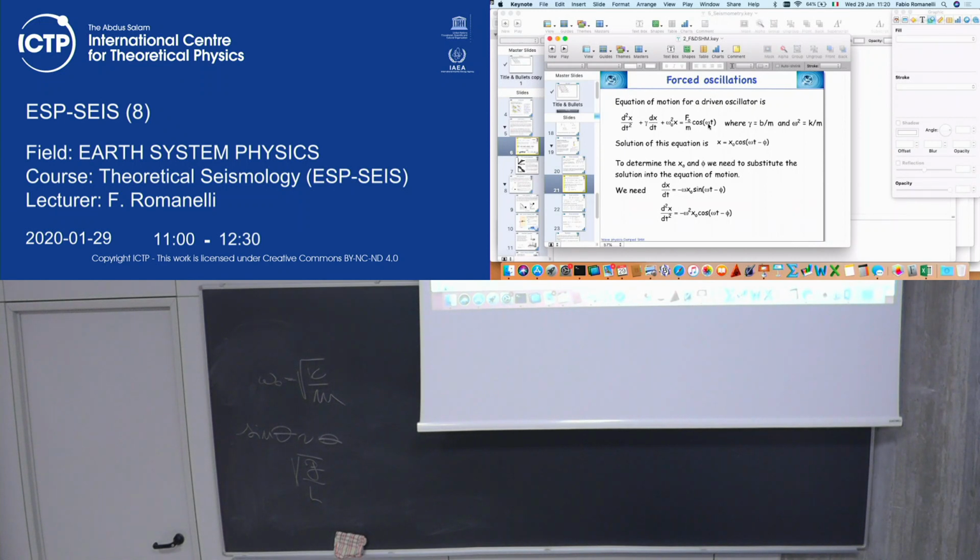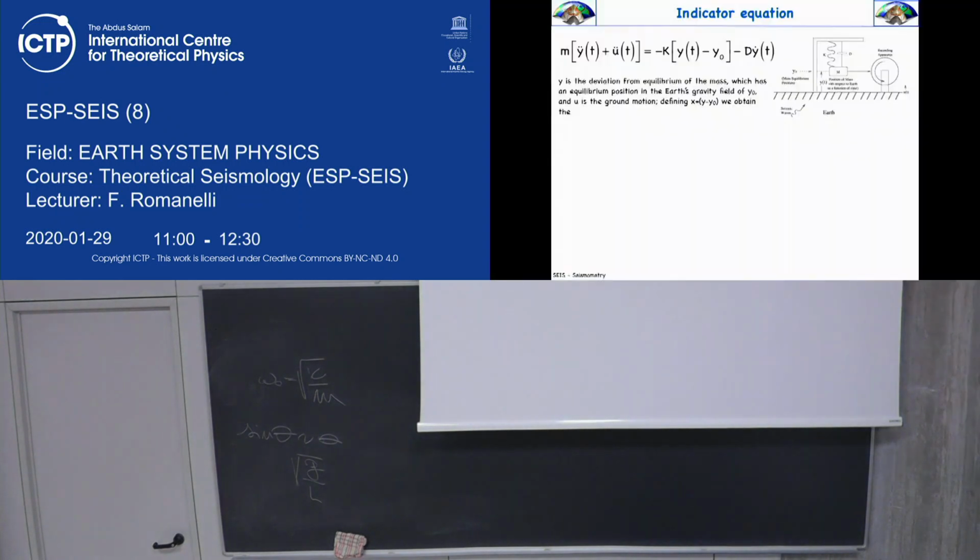If you do remember, I told you this is the first example of a non-homogeneous differential equation, because it's not equal to zero. It's equal to something. It was not a delta, so we have not been studying the Green's function, but actually we studied the Fourier transform of an impulse response, and so we can call it the transfer function. So the physics behind this expression here is exactly the same.